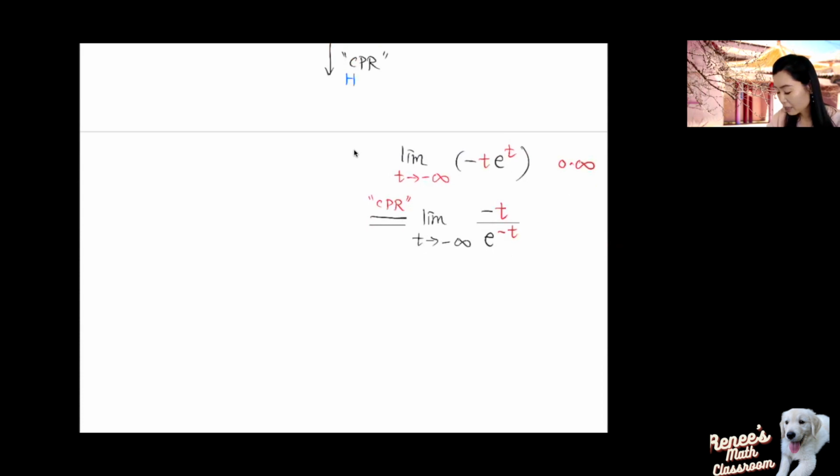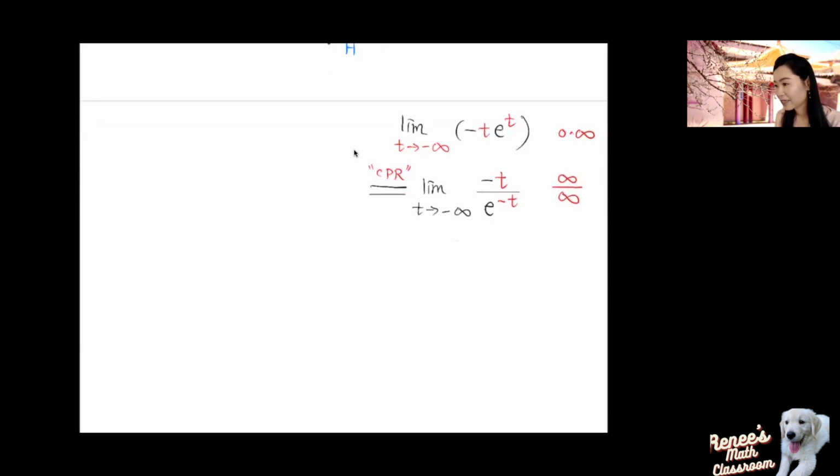By doing this CPR, we convert this into the indeterminate form of the type infinity over infinity. Now we can use L'Hopital's rule. Now we can send it to the hospital, once it's one of the 2 emergency types. L'Hopital's rule says that if it's of this type, we can differentiate the numerator and denominator, and they will have the same limit.